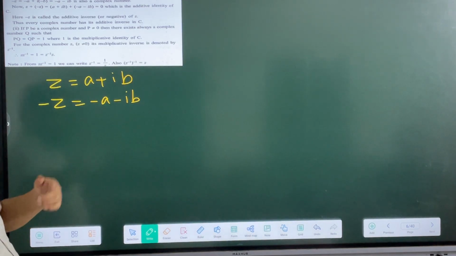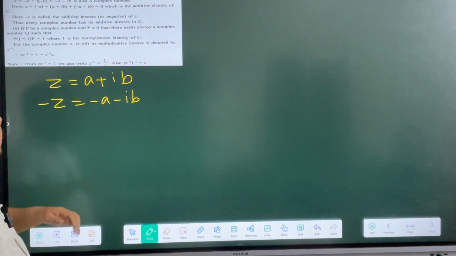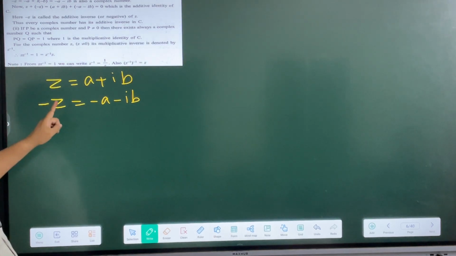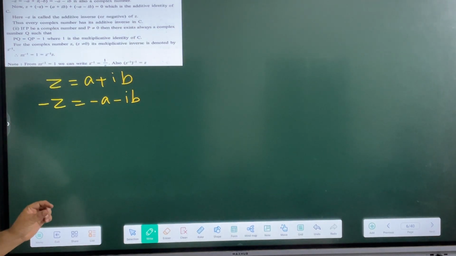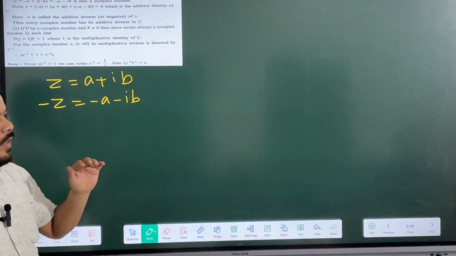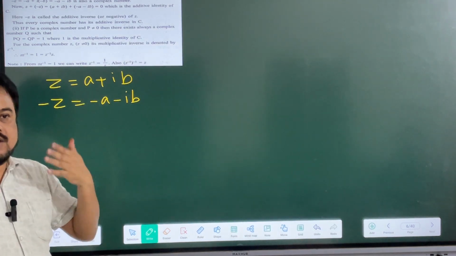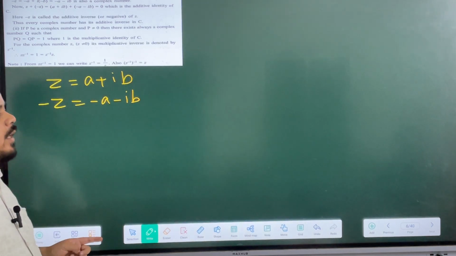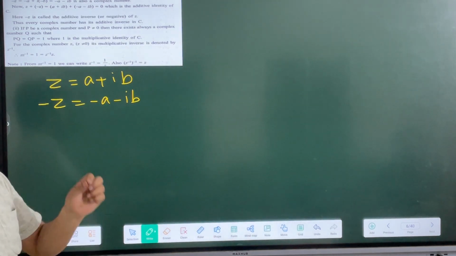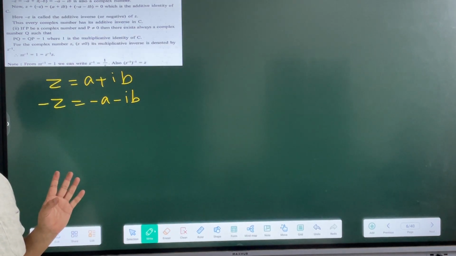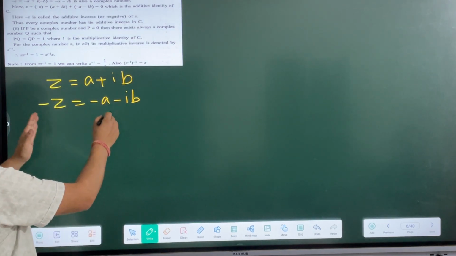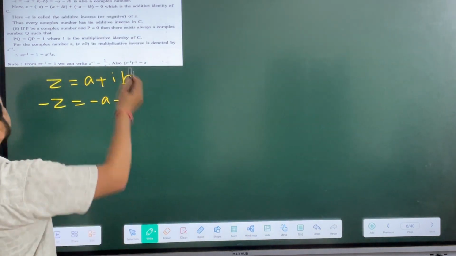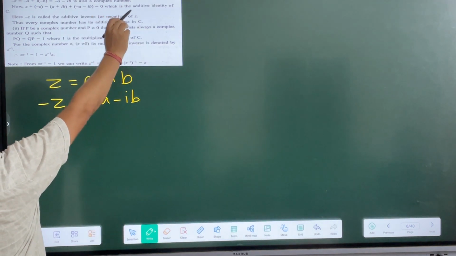Let me repeat: after writing a complex number, if you change the sign of the same complex number, the result will always be a complex number. It is not that after changing the sign this will not be a complex number. That is called the inverse property.